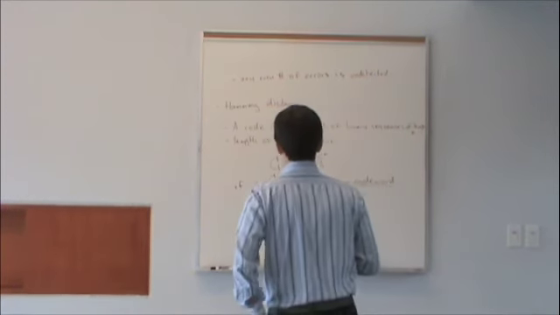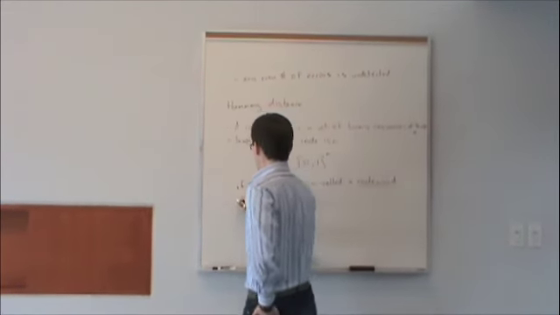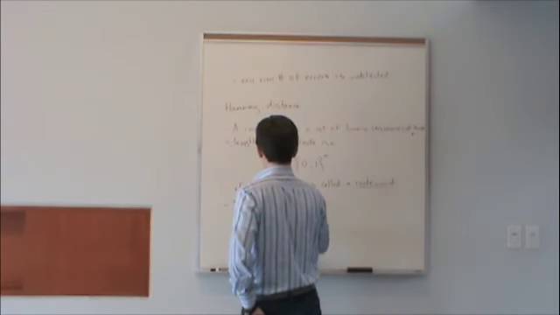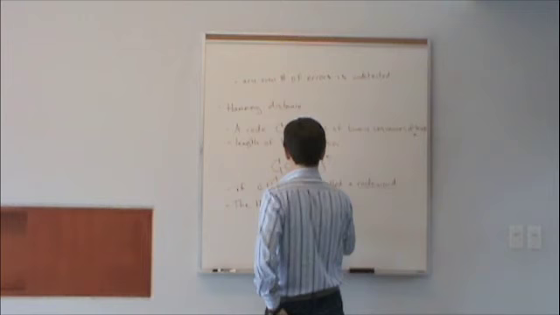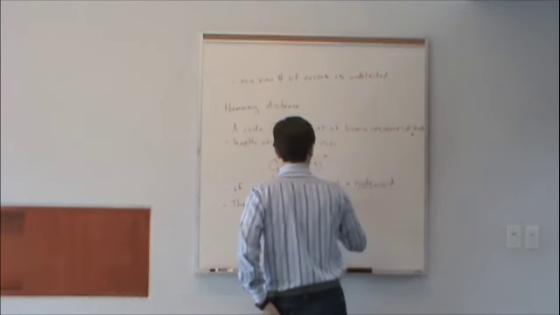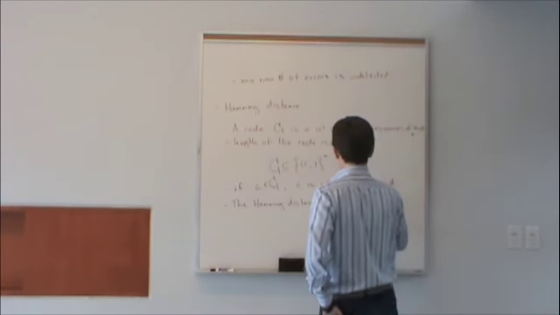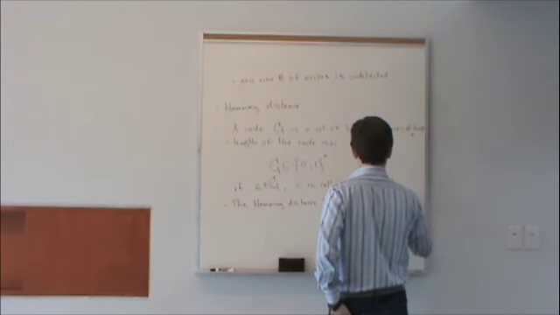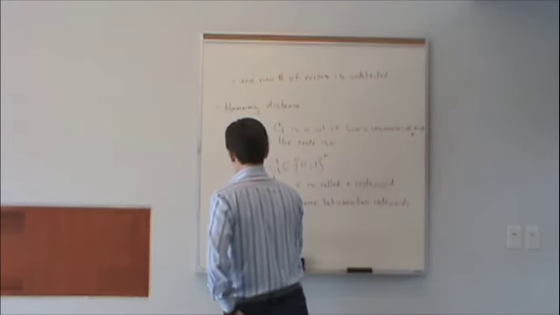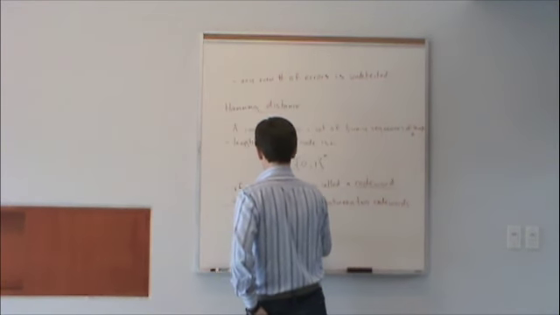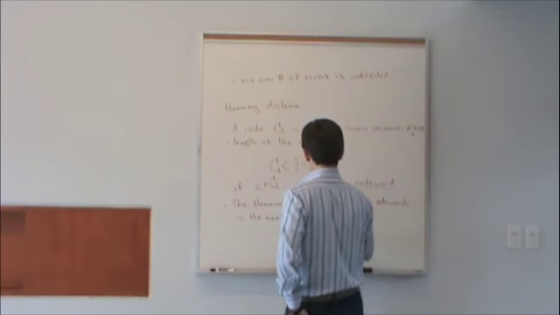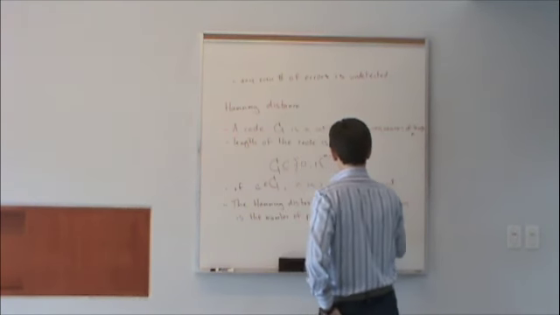So, the Hamming distance between two code words is the number of positions in which they differ.